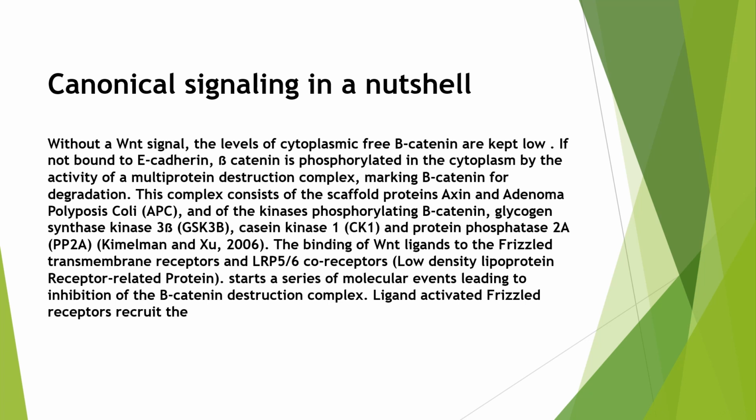Canonical signaling in a nutshell. Without a Wnt signal, the levels of cytoplasmic free beta-catenin are kept low. If not bound to E-cadherin, beta-catenin is phosphorylated in the cytoplasm by the activity of a multiprotein destruction complex, marking beta-catenin for degradation.